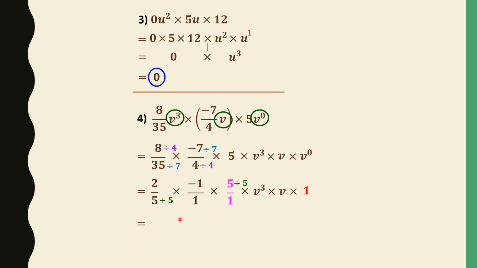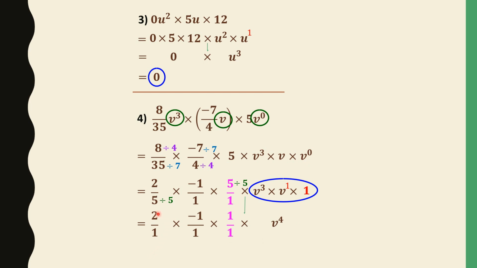We obtain 2 over 1 times negative 1 over 1 times here it's 1 over 1. We copy the times. Now let's write this product in the form of 1 power. Here we have same base v. v is in fact v exponent 1. v cubed times v exponent 1, it's v exponent 4. We add the exponents. And v exponent 4 times 1, it's v exponent 4.